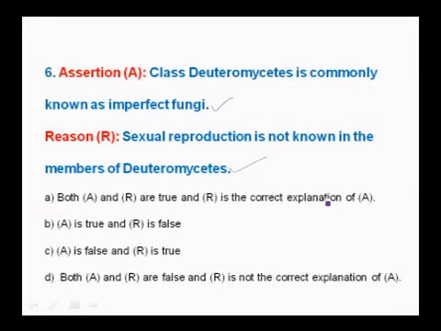Obviously it is the correct explanation. Why? Because they are called imperfecti because the sexual reproduction is not known in them. So the first option itself is the correct one. The other options, like A true and R false, or A false and R true, are the wrong options. So you can conclude that question number 6 has the right answer in option A.